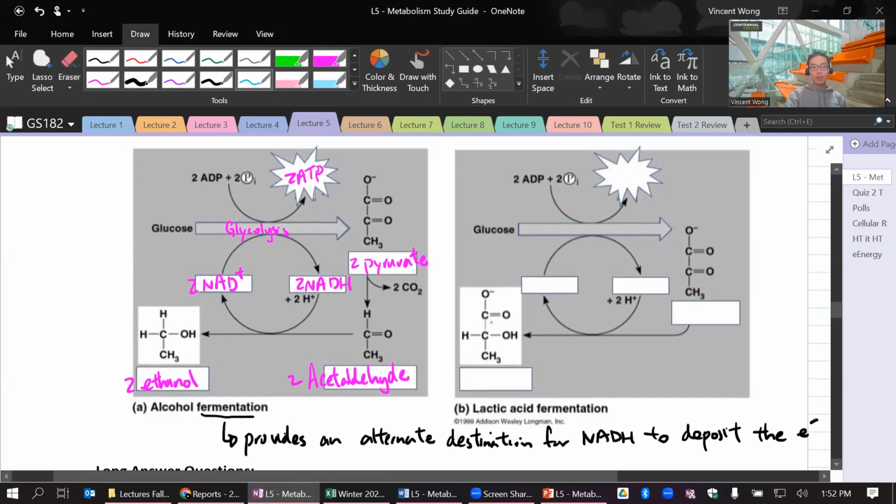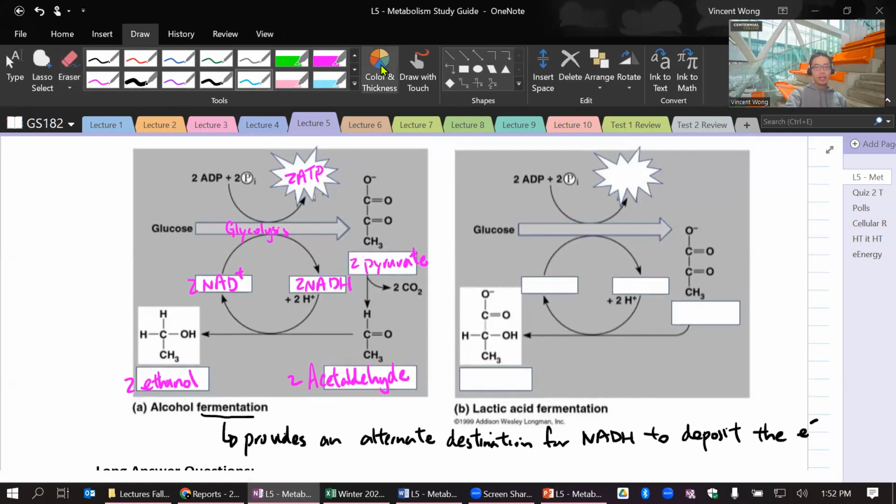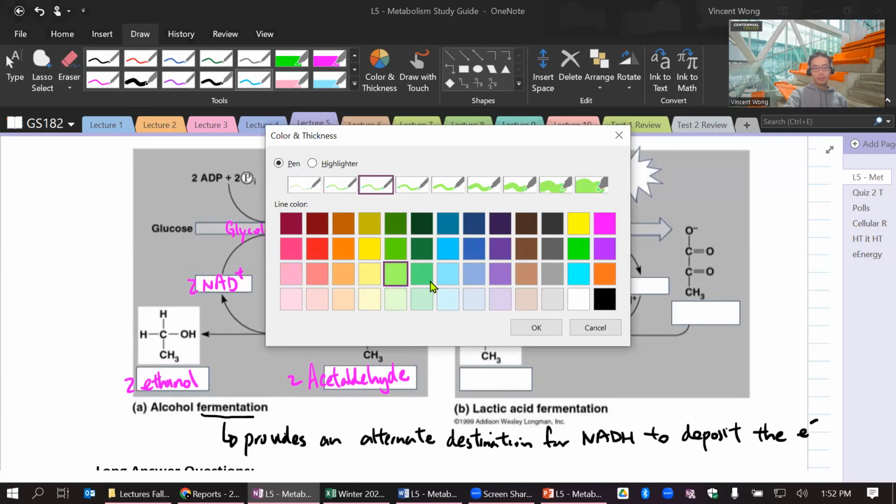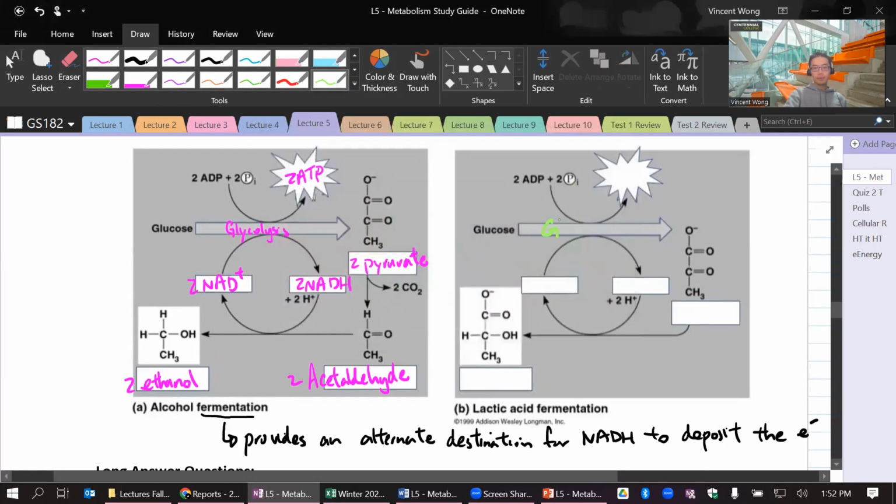Similar situation here with lactic acid fermentation. We have glycolysis at the beginning once again. The glucose will create 2 ATP. And in the process, we also will pick up the electrons with NAD+ and generate NADH.